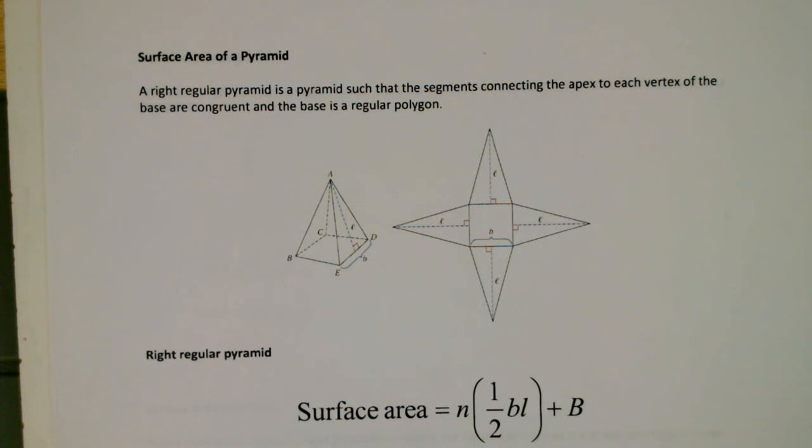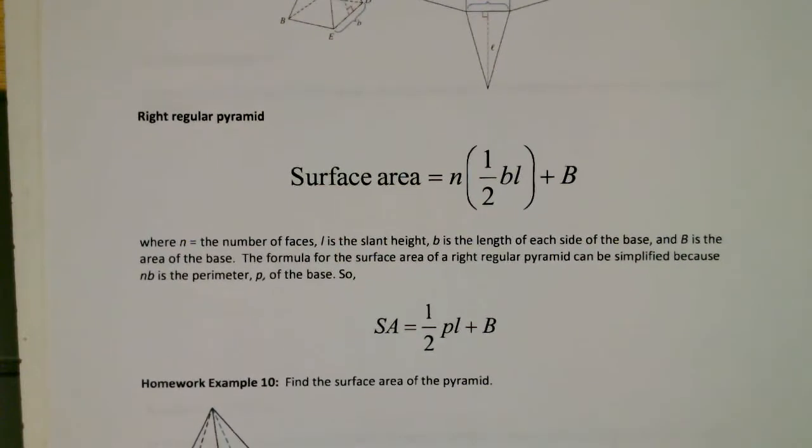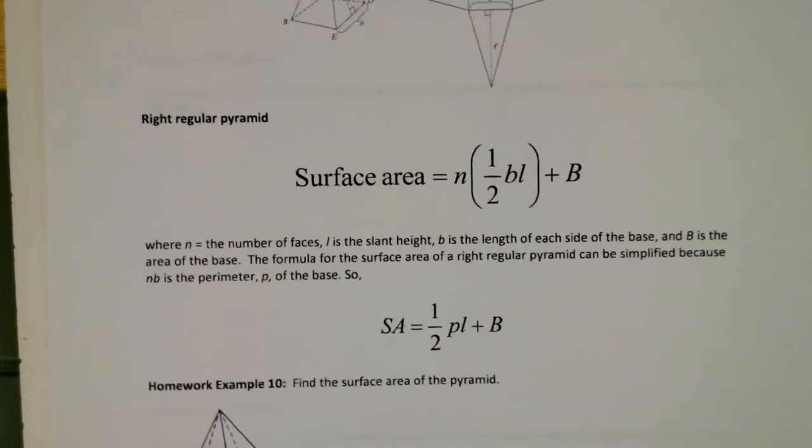Now, the surface area for a right regular pyramid is going to be this. The surface area will be equal to N times 1/2 B times L plus B. Now, N is the number of faces, and L is going to be the slant height. And what the slant height means is this.